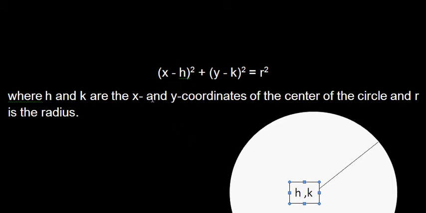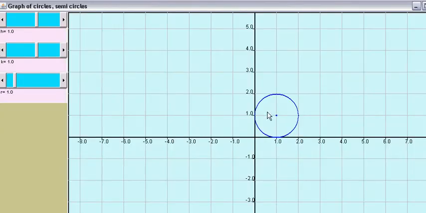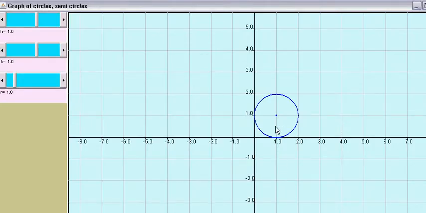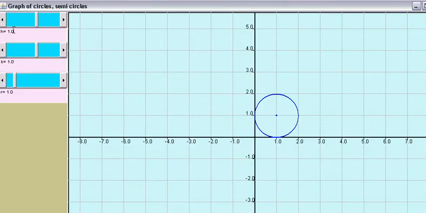For making that happen, let me try out something over here. Yeah, so over here I have h as 1, and k is also 1. You see over here it's written h is 1, k is 1, r is 1. Unit circle. A unit circle is just a circle with radius 1 unit.